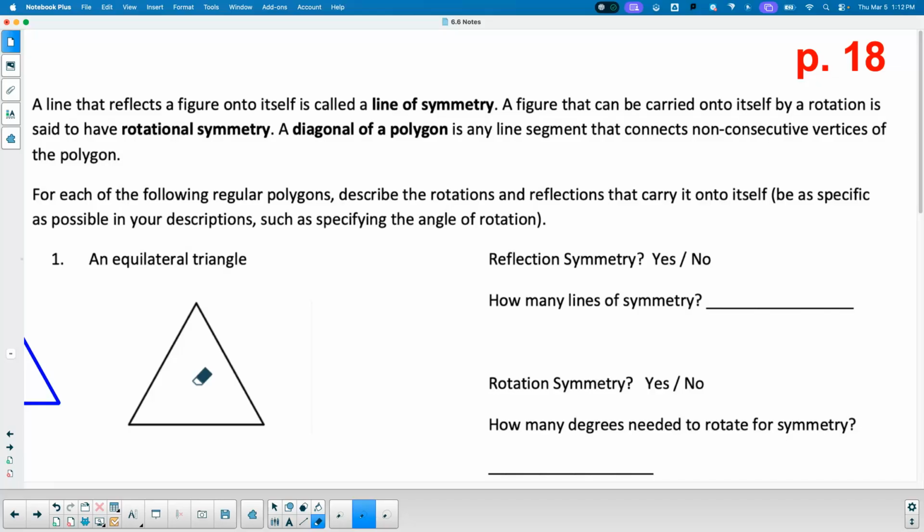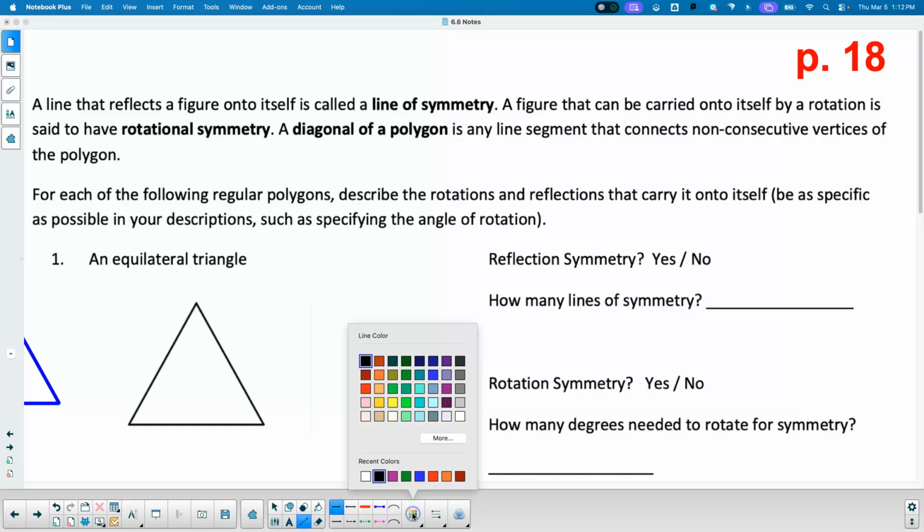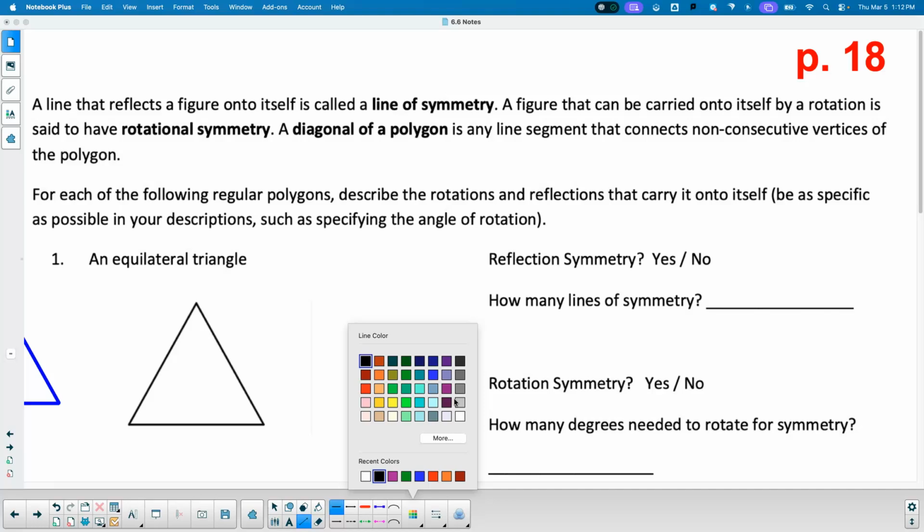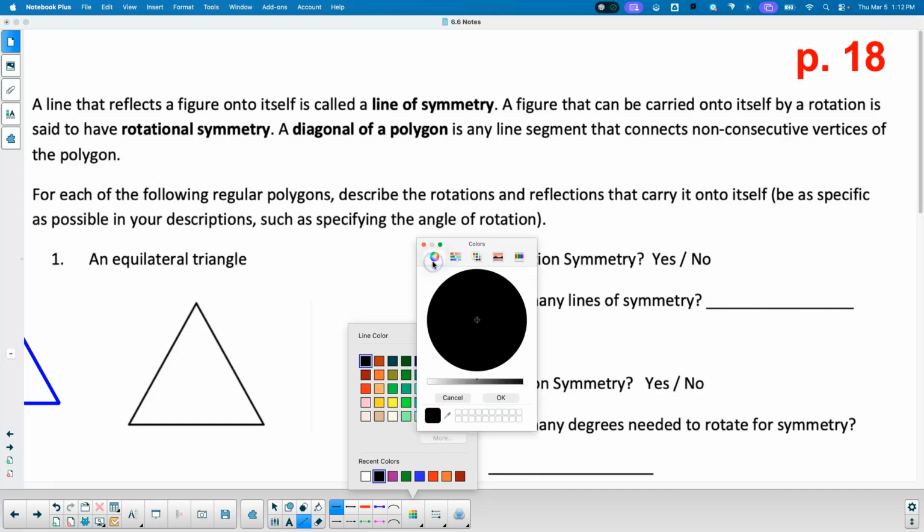So right through that top vertex? Pick a color. Orange?